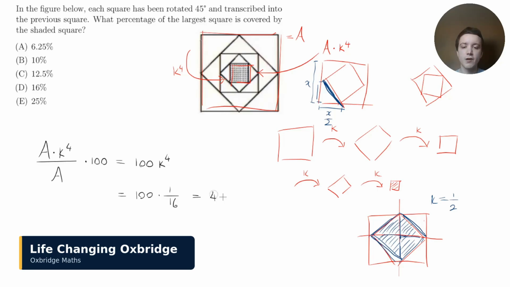So this 100 we can write as 4 times 25. And 16 is just 4 times 4. So this 1 over 16 is 1 over 4 times 4. We can see that these 2 4s over here cancel, and we're left with 25 over 4, which is 6¼, which is 6.25, which gives us a final answer of A.